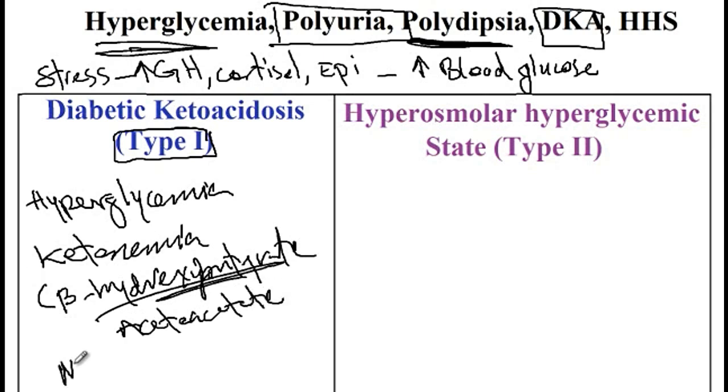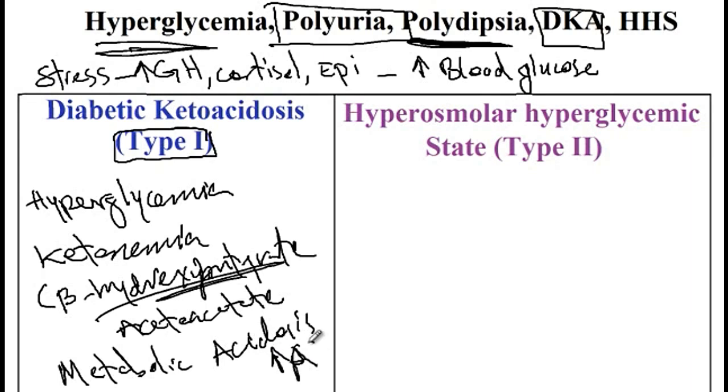And then finally, metabolic acidosis with increased anion gap is a sign of diabetic ketoacidosis. So there are 3 signs for diabetic ketoacidosis. And the metabolic acidosis with increased anion gap is because of too many ketones in the blood.